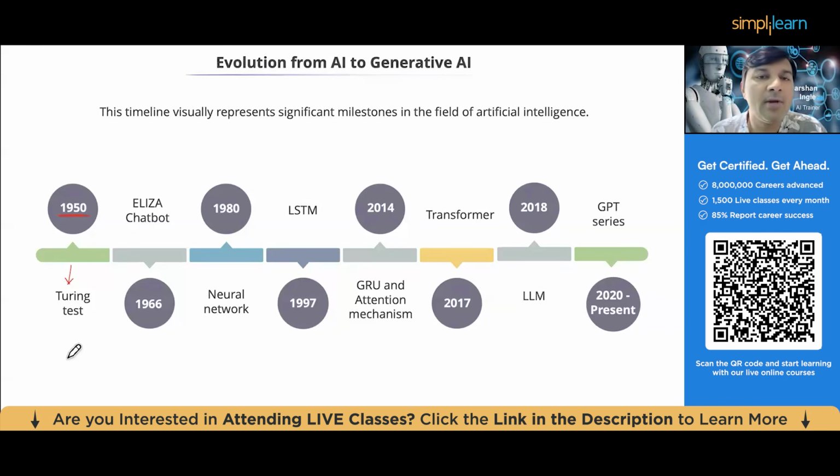This was the philosophical birth of AI. So today, when you chat with a customer support bot, if you can't immediately figure out it's a bot, then that is a Turing test in action.